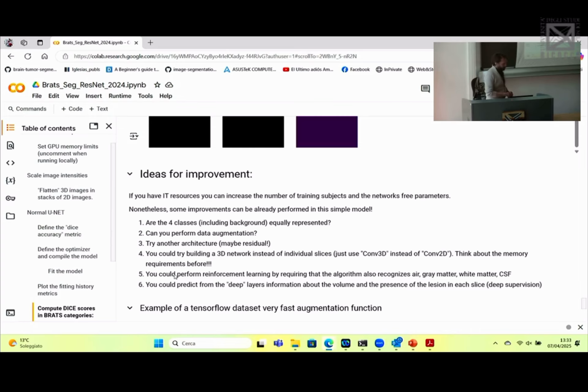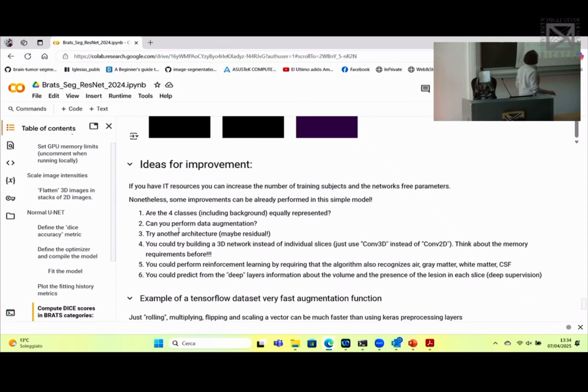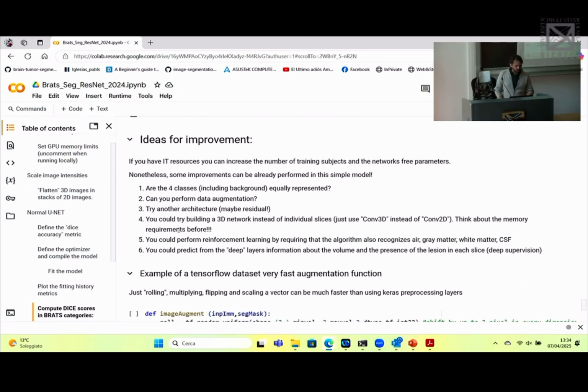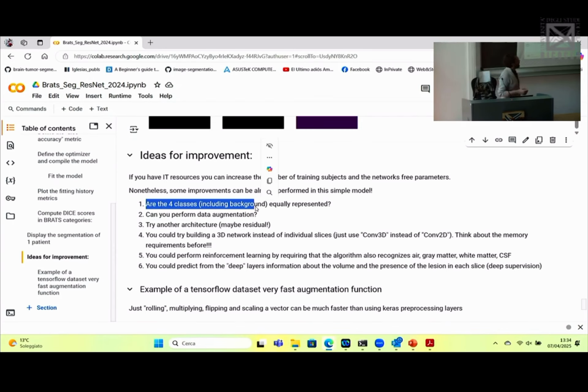Now here, I leave you lots of things to think about. There are multiple possible strategies to improve that. This is the most plain vanilla segmentation that you can come up with. And the things that you can reflect about is, are the number of classes equally represented, especially the background?